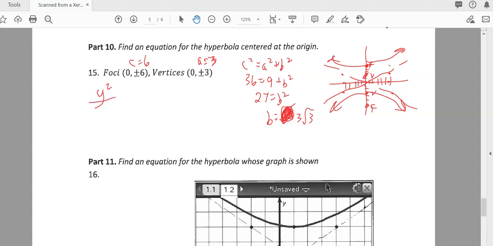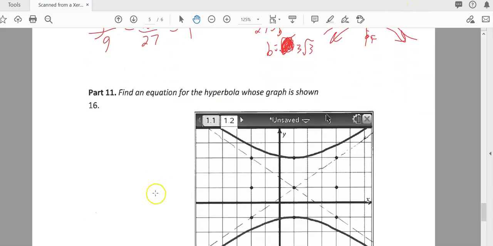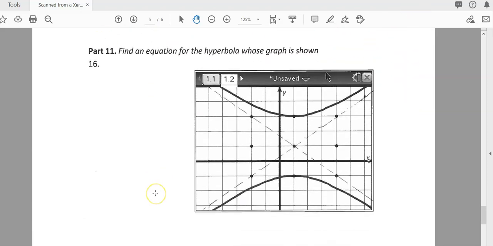So y squared minus x squared. For this, the a term is always underneath the vertices there. So this would be 3 squared, which is 9. And square root of 27 squared is 27. It's okay, the bigger number underneath that is still vertical. With a hyperbola, that's how it works. The first term tells you that, the y squared term.